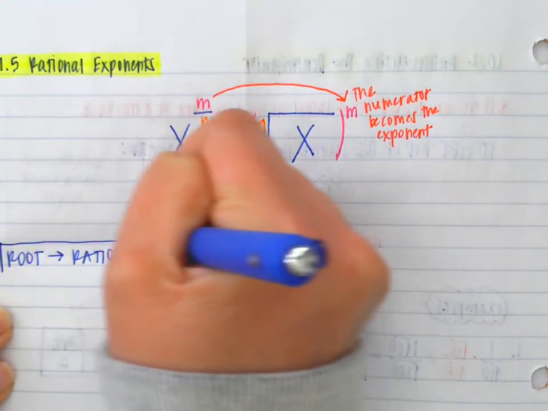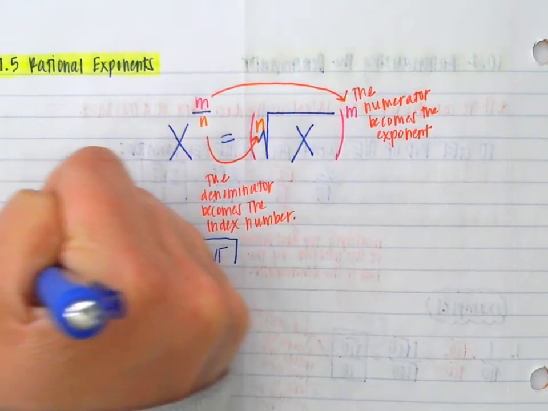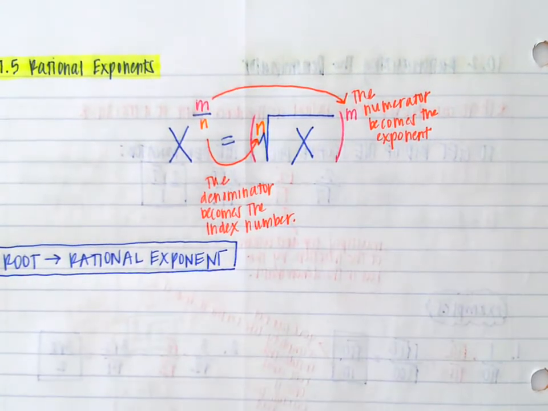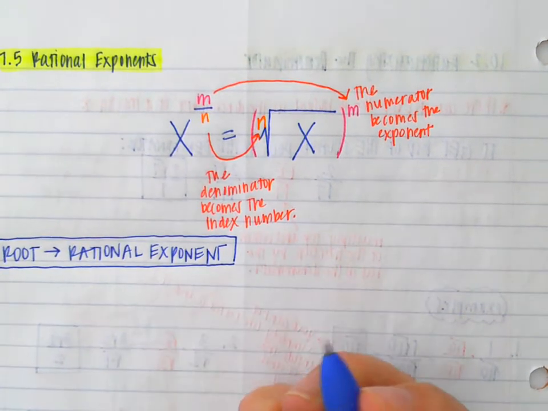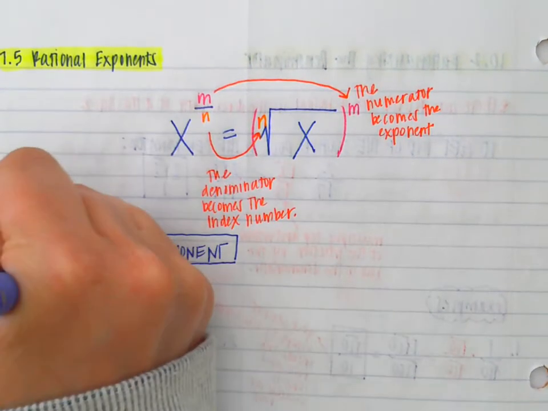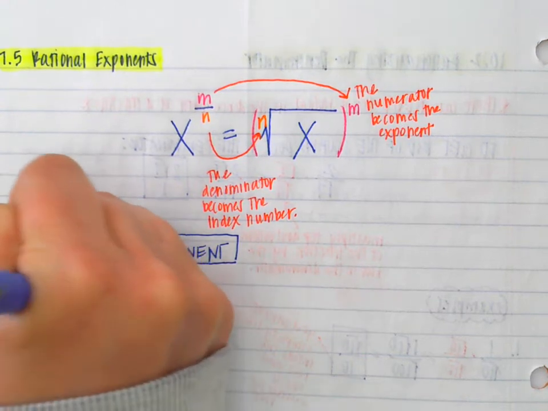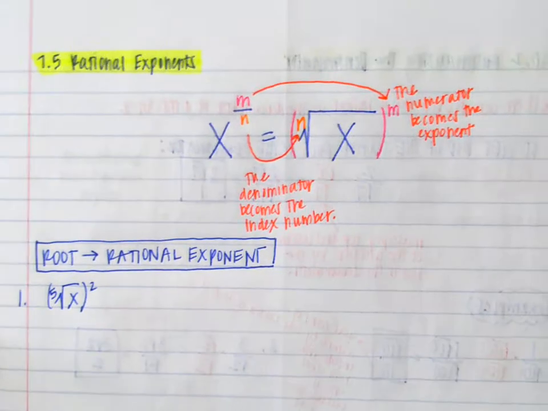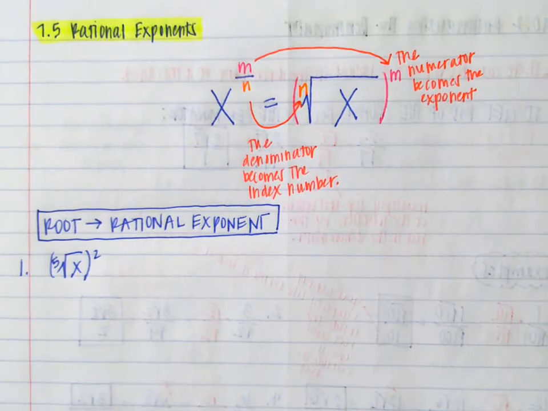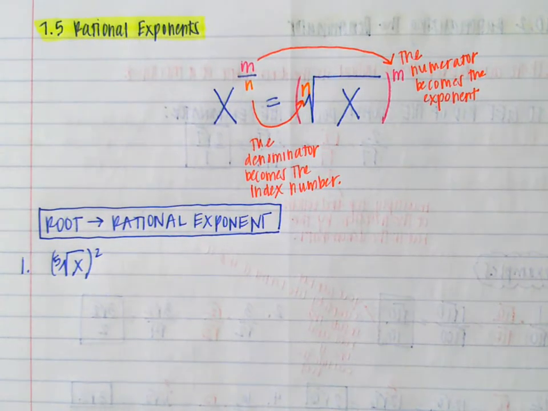If I gave you something like the fifth root of x all squared, how would I write that using rational exponents?